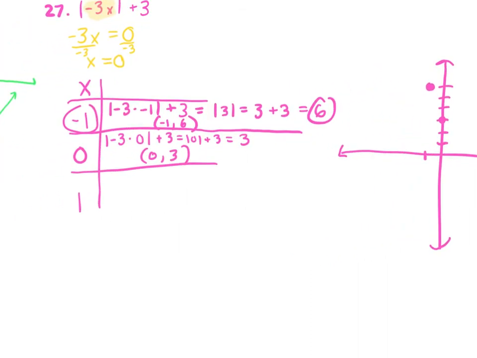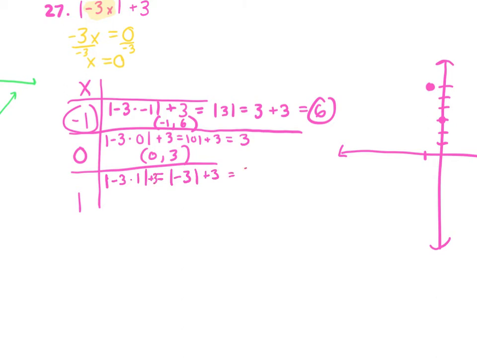Okay, now we plug in 1. So we have the absolute value of negative 3 times 1. What's negative 3 times 1? Negative 3. And the absolute value of negative 3? 3.